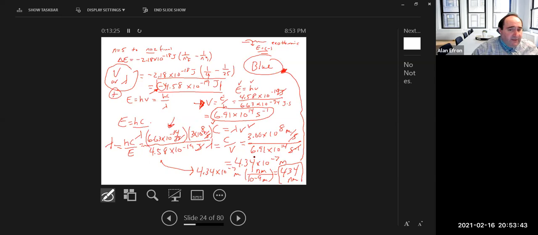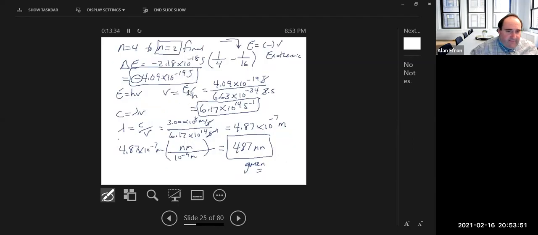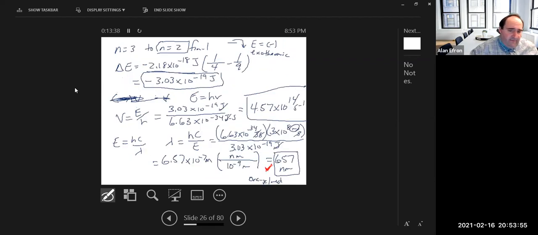And what we see in terms of energy is what we talked about. The energy of our shortest wavelength is 4.58 versus 4.09 versus 3.03, which is the smallest in energy, along with our longest in wavelength.